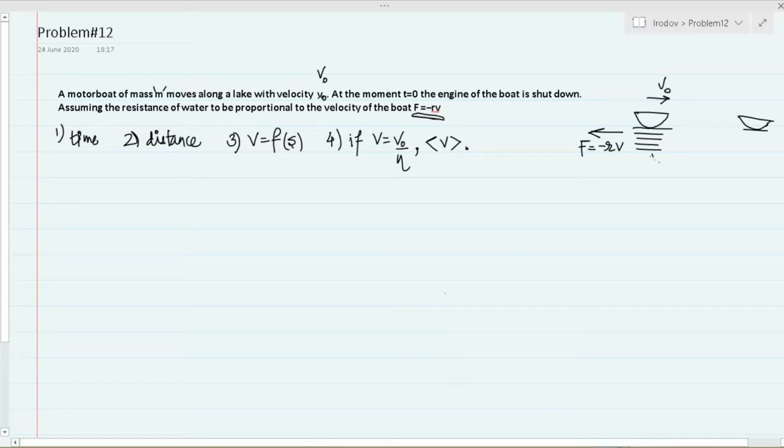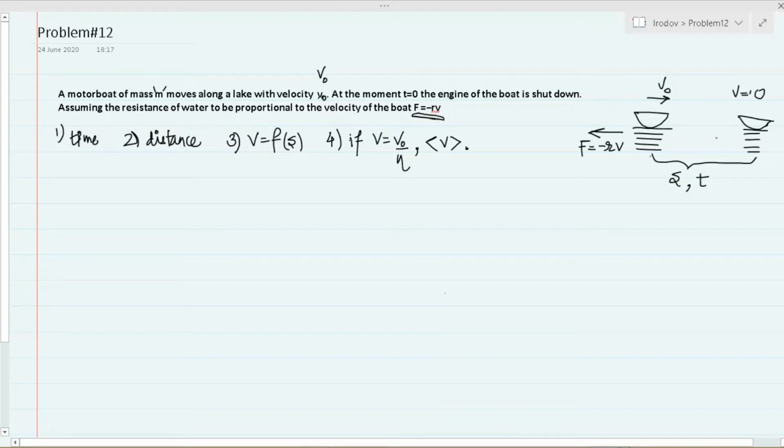So let us assume that the distance that it travels on its own is given by s, and the time it takes to stop is given by t. Here the velocity is obviously 0.